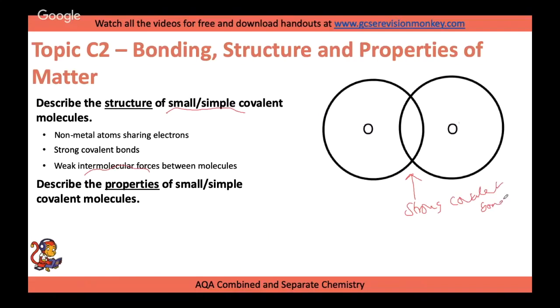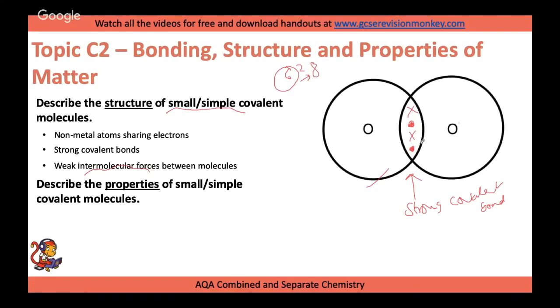We're going to draw O2. You only draw the outer shell electrons, and oxygen is in group 6. So it has 6 outer shell electrons, and it needs 2 more. So if it needs 2 more, that's where we start in the middle. Draw 2 shared pairs of electrons. We're going to draw one with dots and one with crosses. So it's got 6, it needs 8, so it needs 2 more.